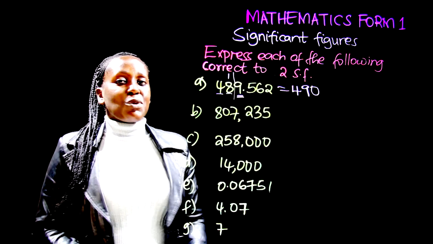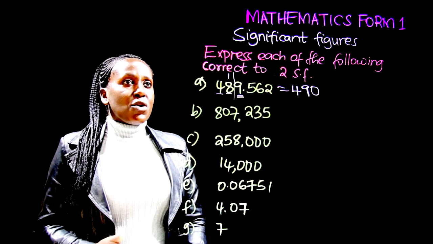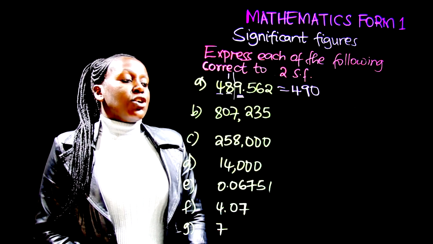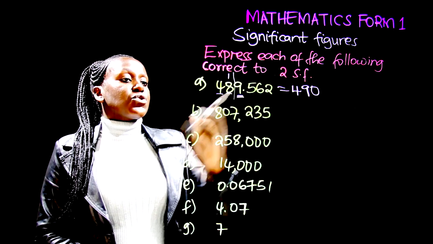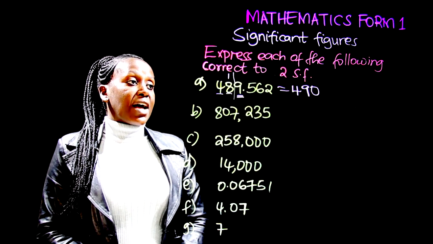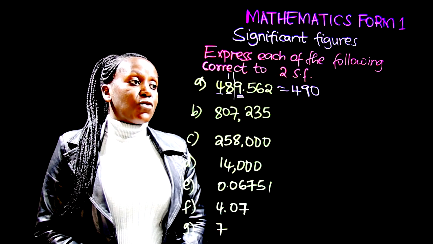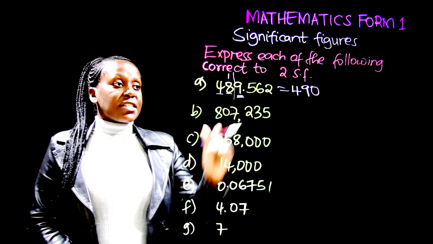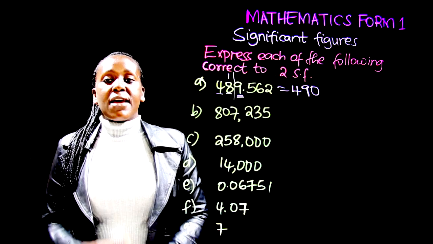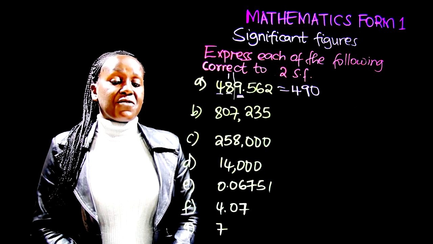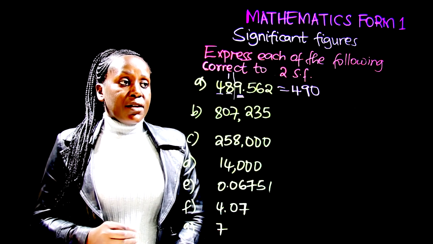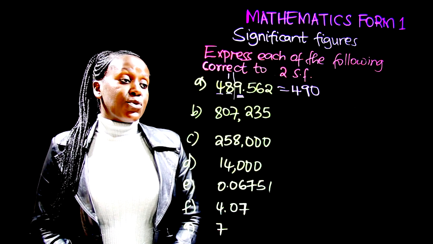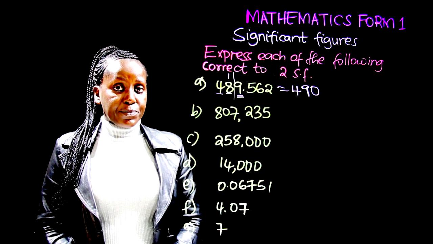You don't need the decimal points turned into 0 because they will not be adding to the value of the number. So this to two significant figures will be equal to 490. So this is what we were saying. This 0 here is not there as a significant figure. It is there to maintain the value of the number.